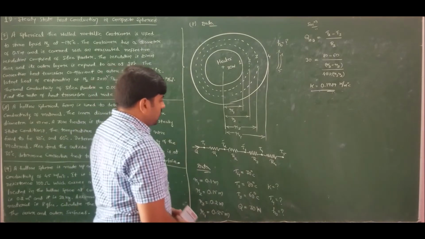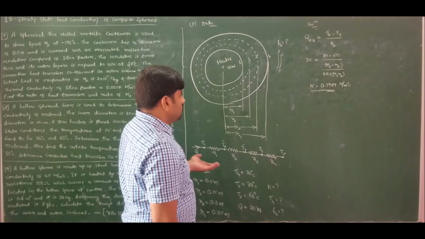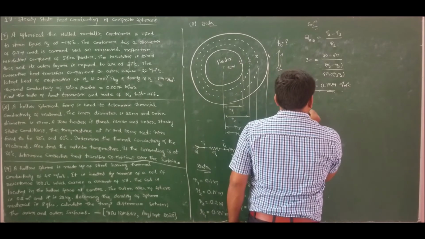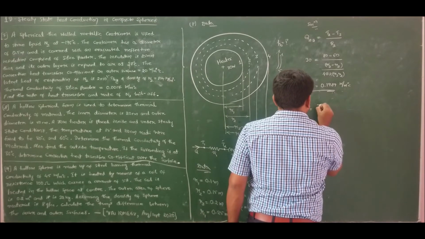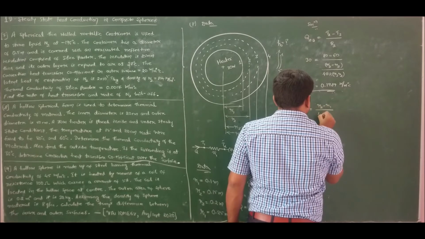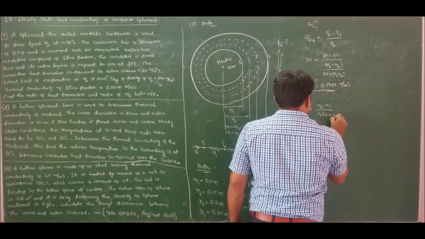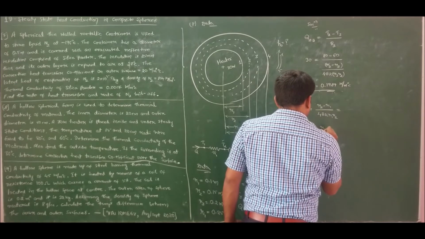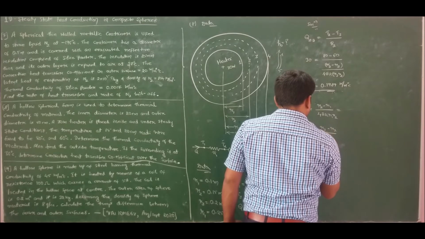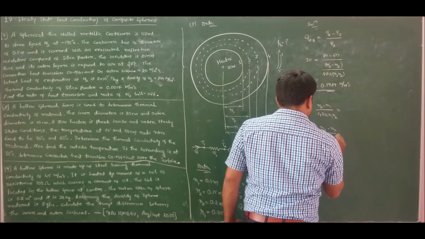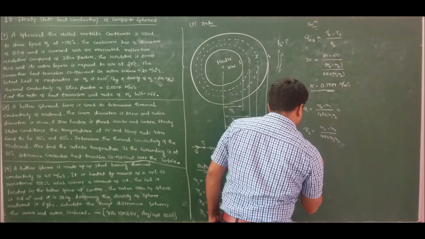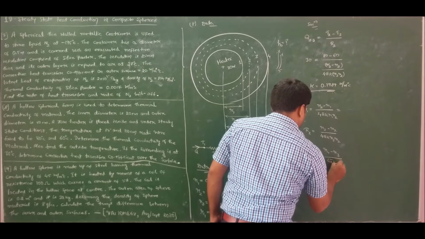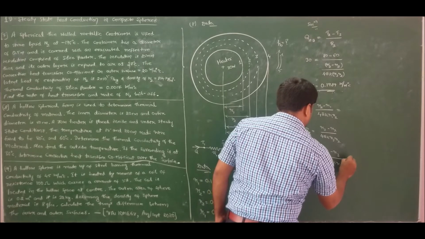Now he is asking us to find the value of T4. Since we know the thermal conductivity, I can find the values of R1, R2 and R3. R1 will be R2 minus R1 divided by 4 pi K R1 R2, R2 will be R3 minus R2 divided by 4 pi K R3 R2, and R3 will be R4 minus R3 divided by 4 pi K R3 R4.